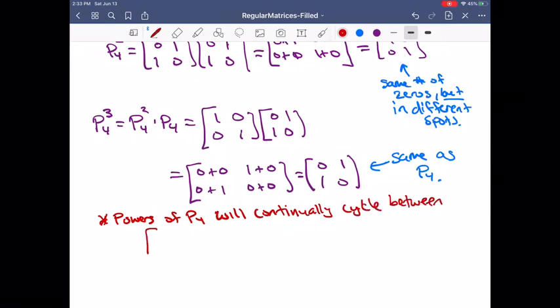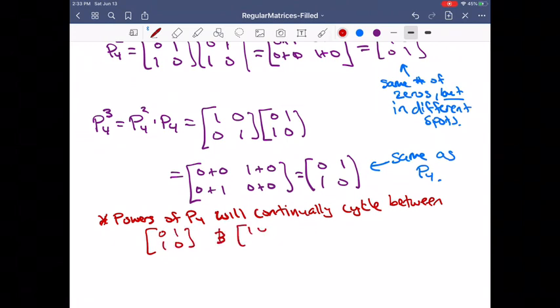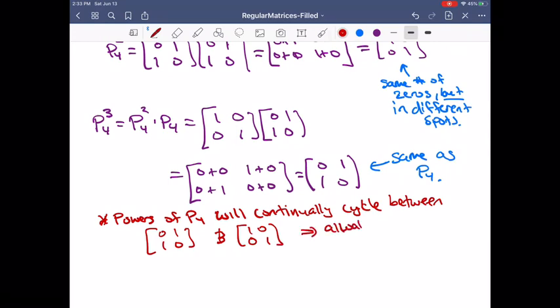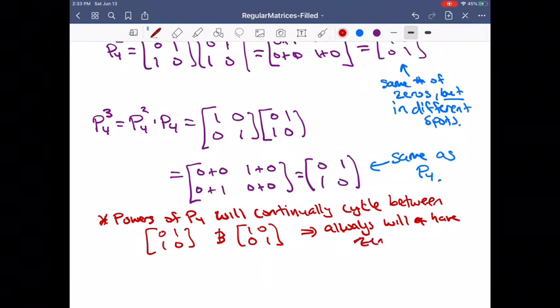So between 0, 1, 1, 0 and 1, 0, 0, 1. Okay, so that means that we will always have zeros. Okay, so that means that now we can conclude that P4 is not regular. Okay, so it's not a regular matrix.